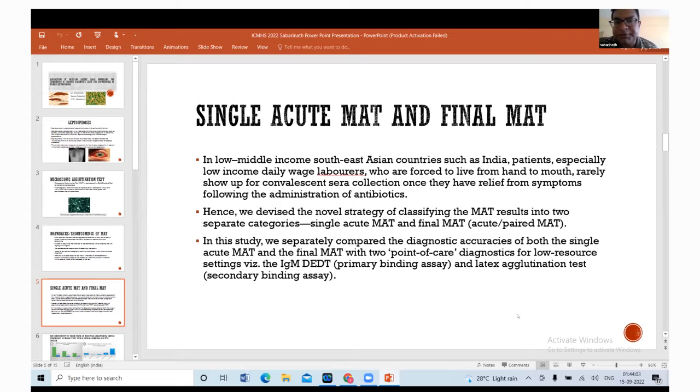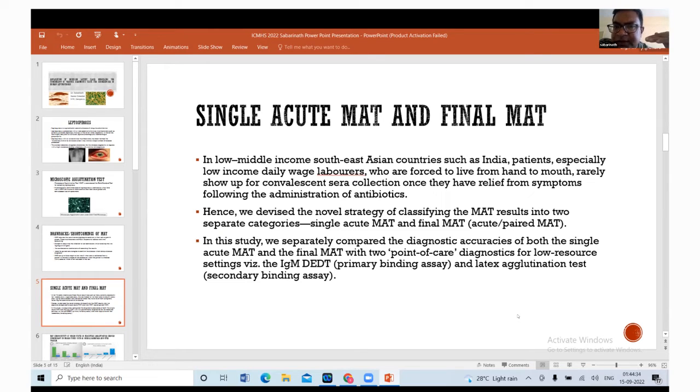Before going into detail, I will explain two terminologies: single acute MAT and final MAT. Actually, in low middle income countries such as India, patients, especially the low middle income daily wage workers who are forced to live from hand to mouth, never show up for convalescent serum collection.